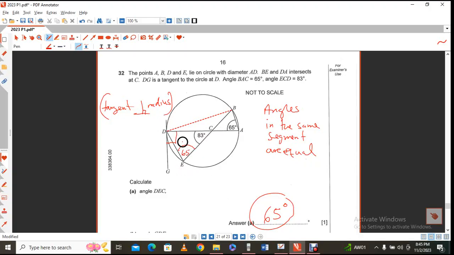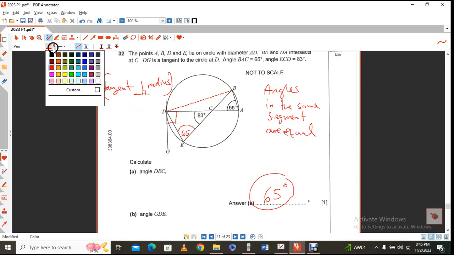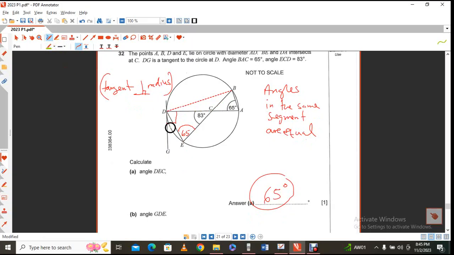Then, if you now look at this triangle over here, for part 2 they ask us to find angle GDE, which is this particular angle over here. It's this angle that they ask us to calculate. And to find this angle, the whole thing here is supposed to be 90 degrees.